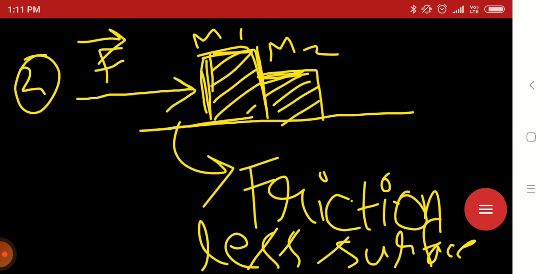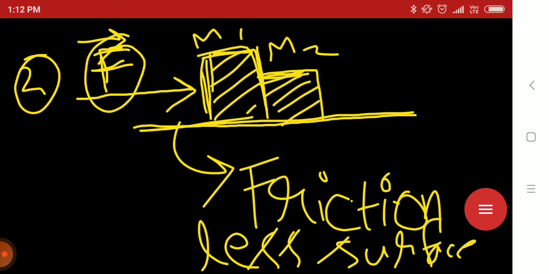So two masses M1 and M2 are in contact on a frictionless surface, and a horizontal force F is acting on mass M1. Now I have to find the force of contact between M1 and M2. So let's start the discussion.